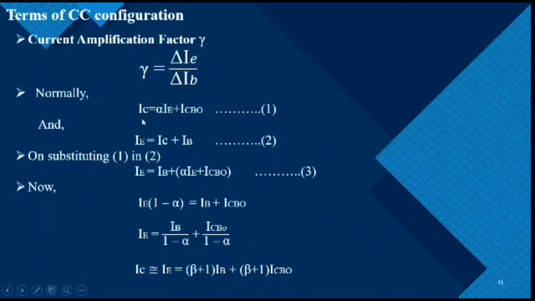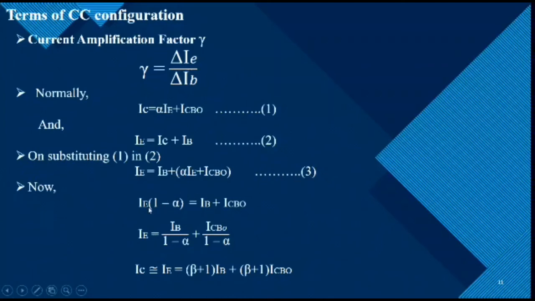But we know that the collector current is equal to alpha IE plus ICBO, and the emitter current is equal to the sum of the collector current and base current. So by substituting equation 1 in equation 2, that is in the place of IC, we can write IE is equal to IB plus alpha IE plus ICBO. Let this be equation 3.